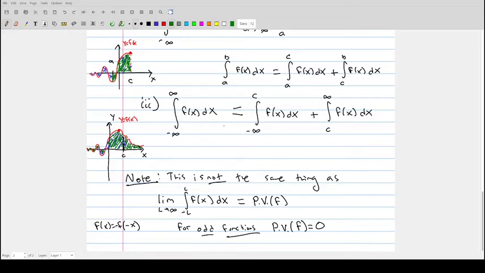So the improper integral of type 1 subtype 3 exists only if two other improper integrals exist for any value of c. This works for any value of c along the x-axis.